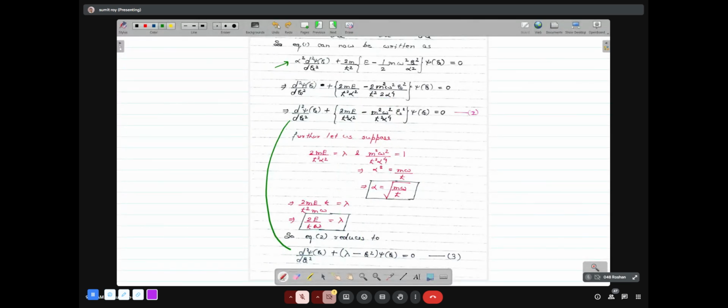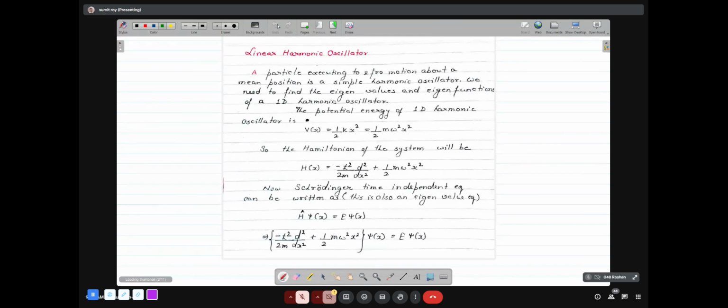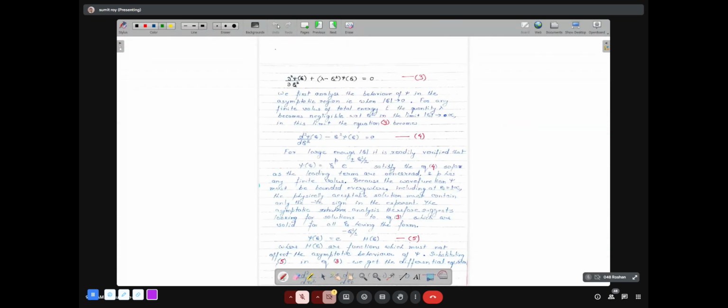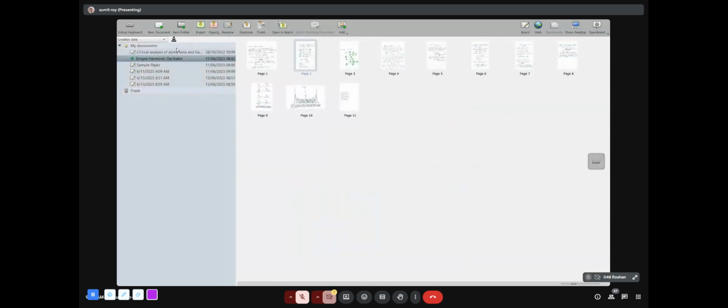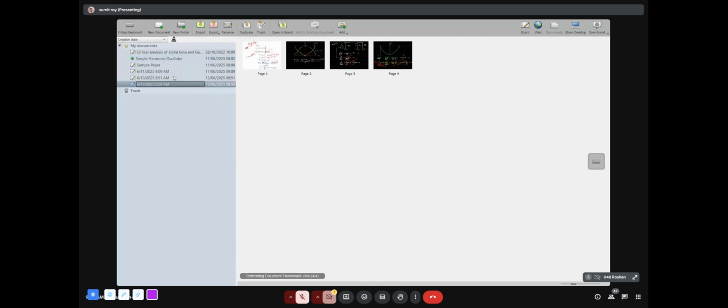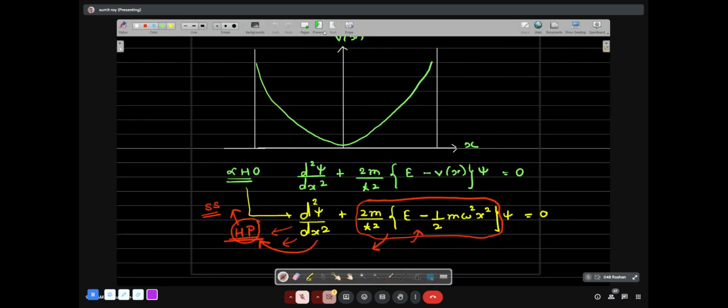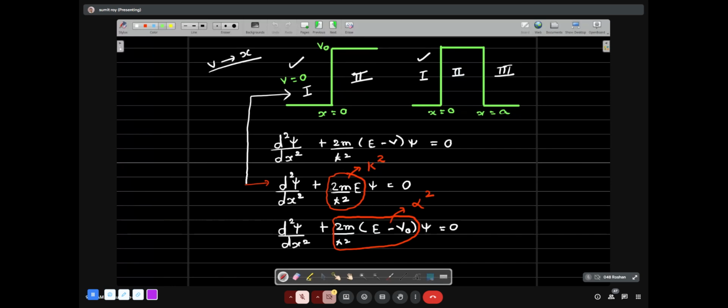Remember that these substitutions are again being made to convert the equation into some known differential equation. Just for example, in these equations, if you see this 2me divided by h cut square, okay, it is constant.